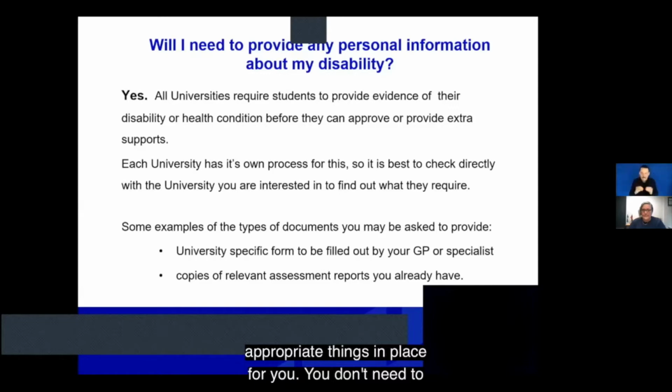You don't need to provide that if you're just a student looking for general information or a prospective student just trying to decide where they're going to go to university, but you will have to provide this if you start at the university and want to get the supports at that time.